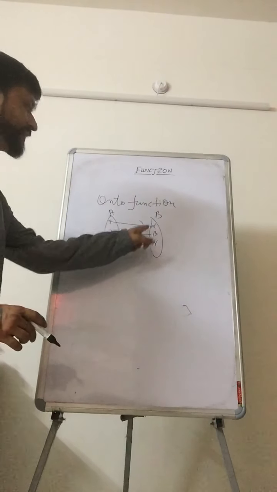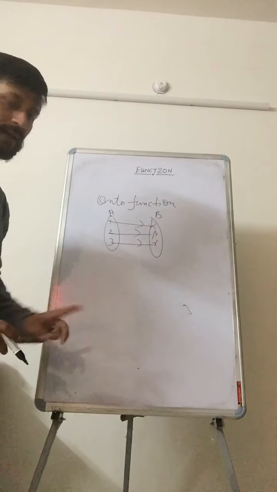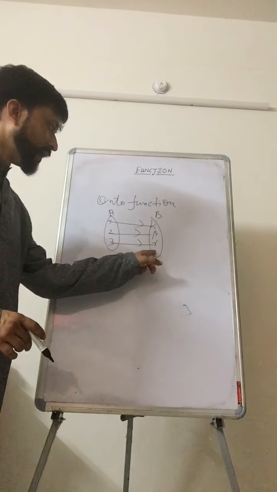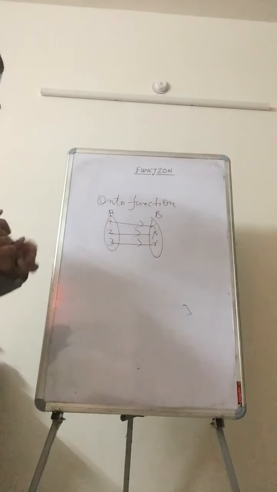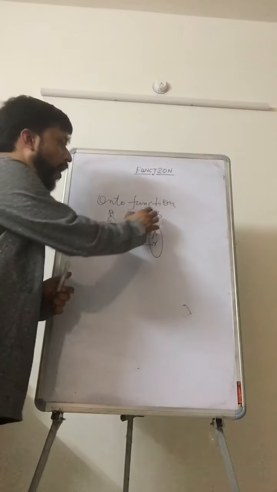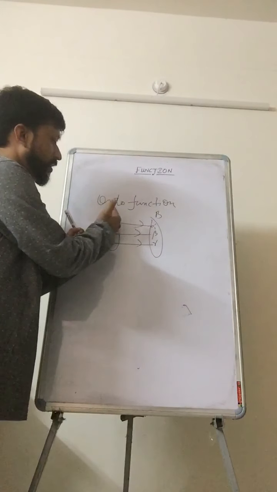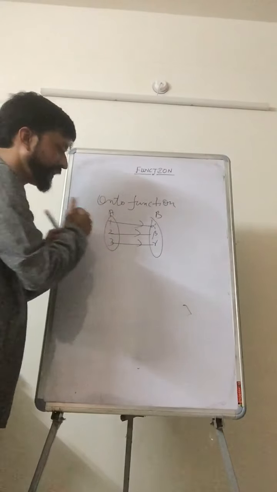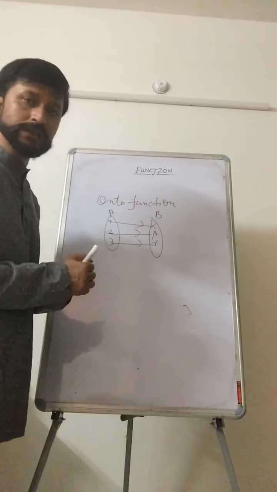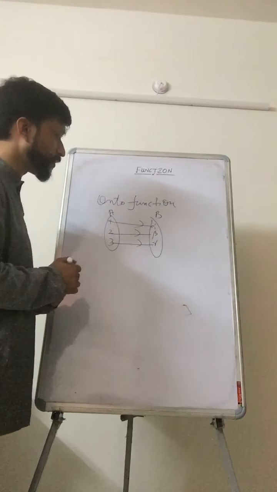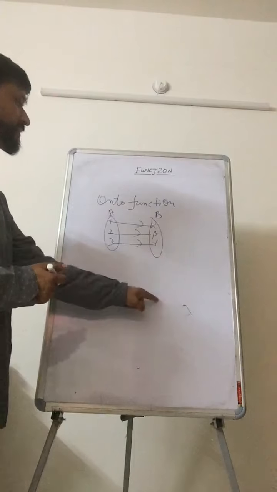Now what we are observing, there is no extra element which is unused. So this function is called your onto function. Meaning for onto function, all elements of the codomain must be linked with some element of set A. Then that type of function is called onto function. So this is an example of onto function, as well as an example of 1-1 onto function.